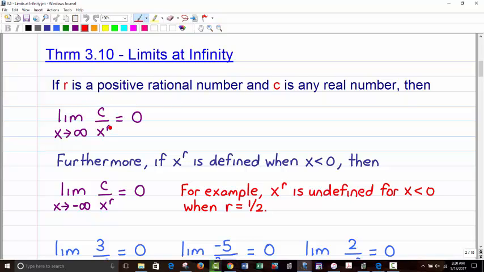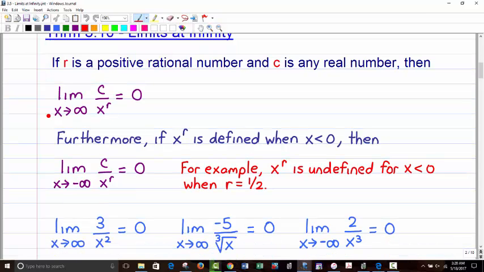So c over x to the r, if r is a positive rational number, would go to 0. Basically, infinity raised to any positive exponent, whether it be a fraction or whatever, is still considered infinity. In other words, the cube root of infinity is still considered infinity. So you have a large growing denominator while your numerator remains fixed. Therefore that fraction is going to get closer and closer to 0.